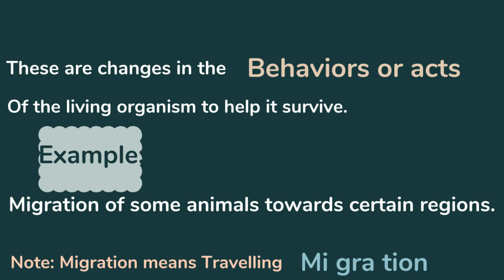Okay, and the word migration we can divide into three syllables. The first syllable is mi. Then the second syllable is g-r-a. Here the a makes the long sound of the letter A, which is its name. Then the third syllable is shin. So we have mi, gra, shin: migration.